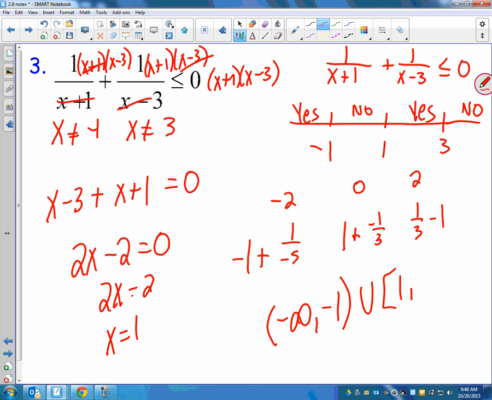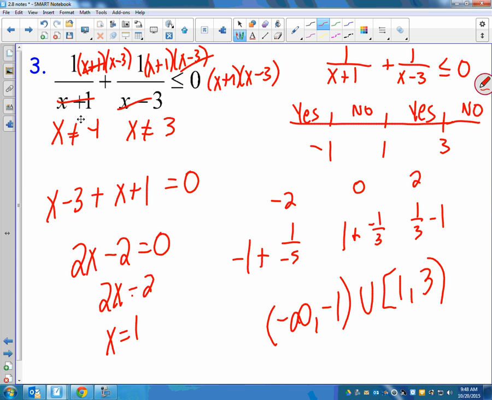So bracket 1 to 3. And the back of the book uses interval notation too, so you'll be able to check those. Questions about that? As long as you can remember to include your asymptotes, it'll work out pretty well.